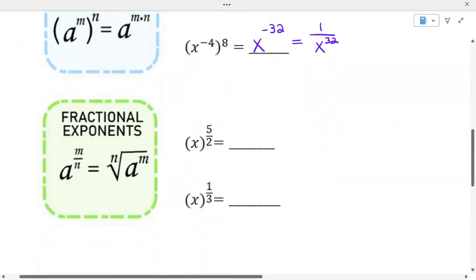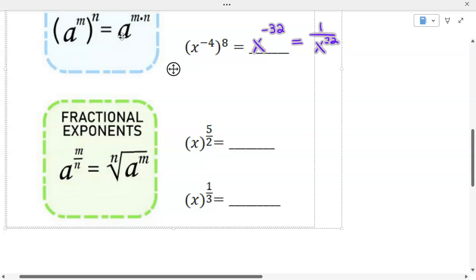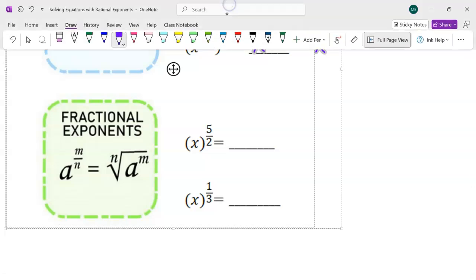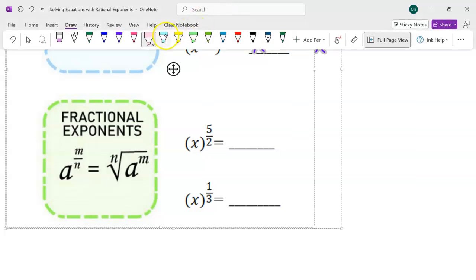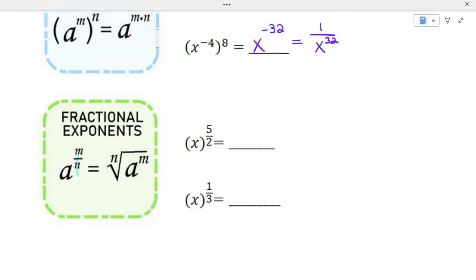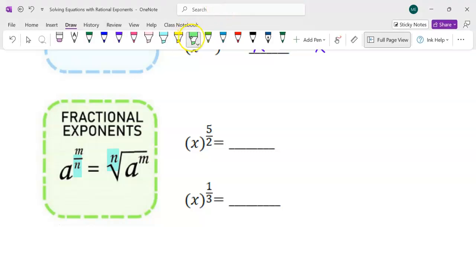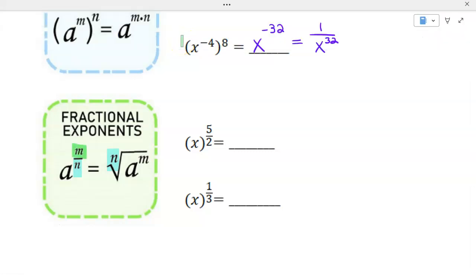And then next, remember if we are given a fractional exponent, the denominator of our fraction, I'll highlight this in blue, ends up becoming the index of our radical, and the numerator of our fraction ends up becoming what we raise that to.